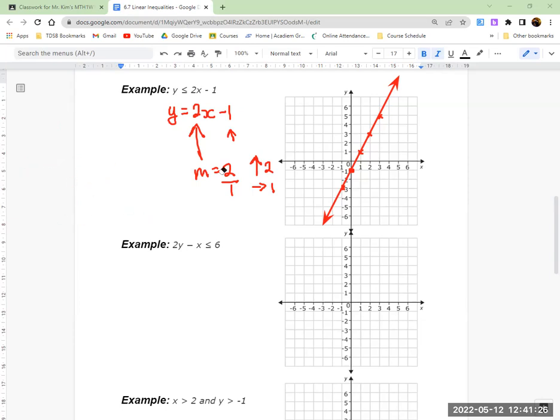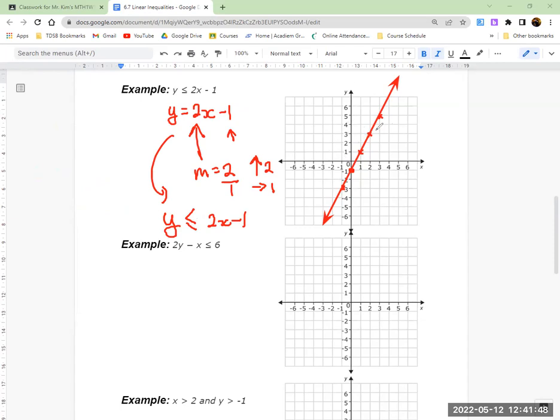So again, let's say you got to a point where you graph this line. I want to now go back to y is, Angus, what's that sign? What does it mean? Y is less than. So we have two choices. We can shade above the line or shade below the line.